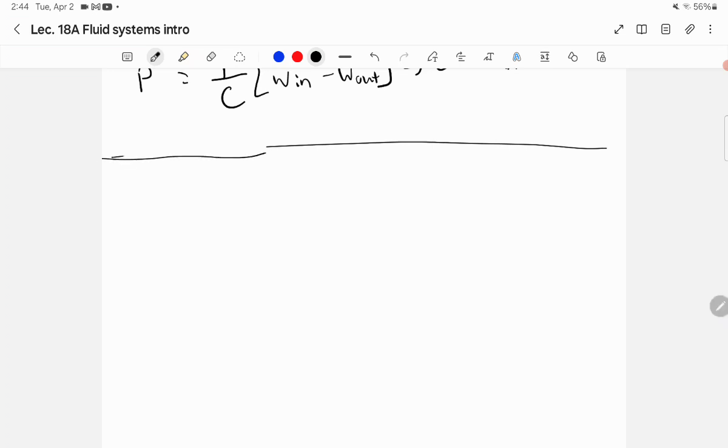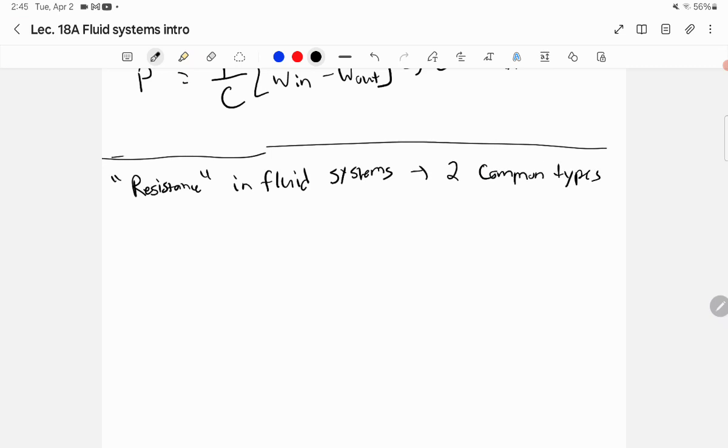We have this concept of resistance. We have two common types, which are turbulent and laminar.